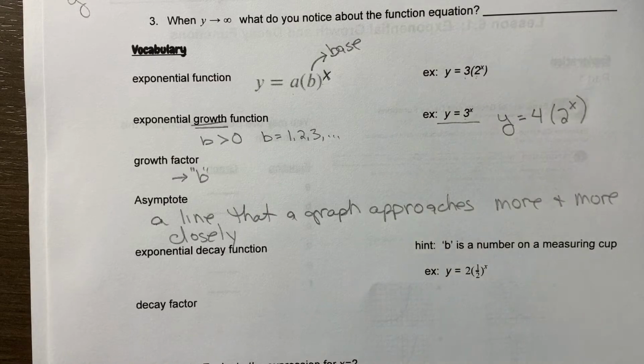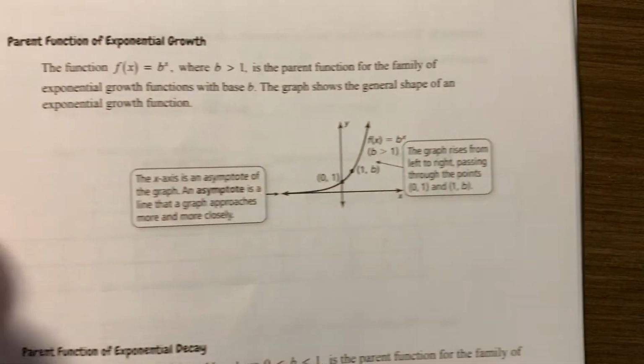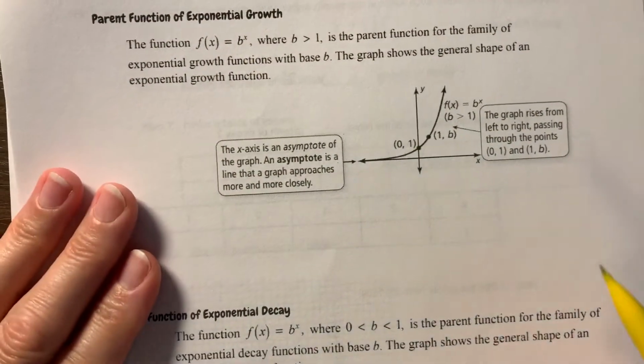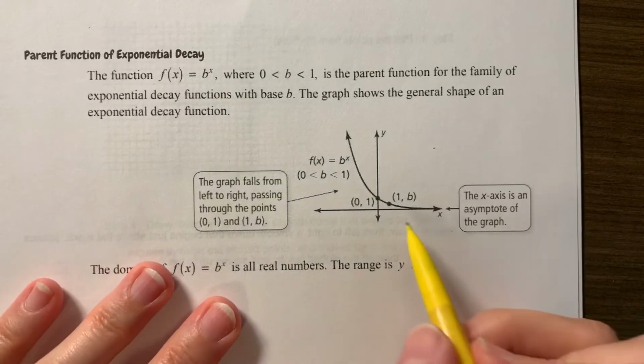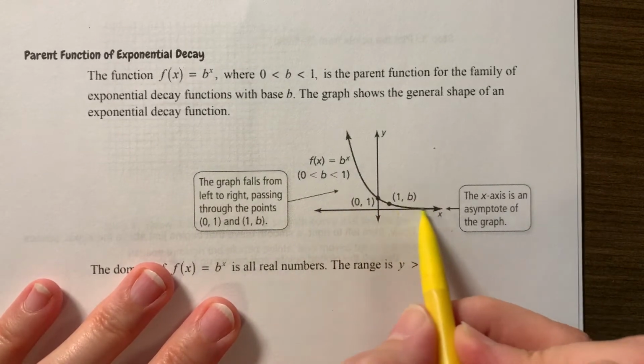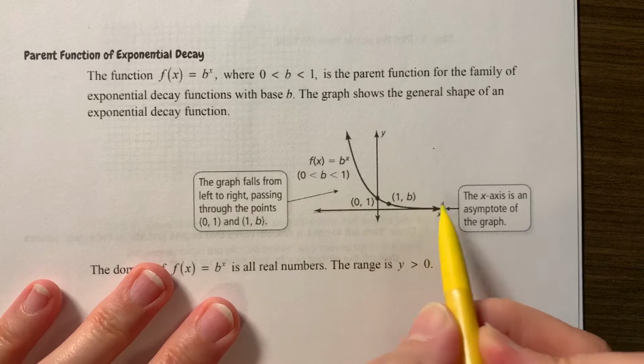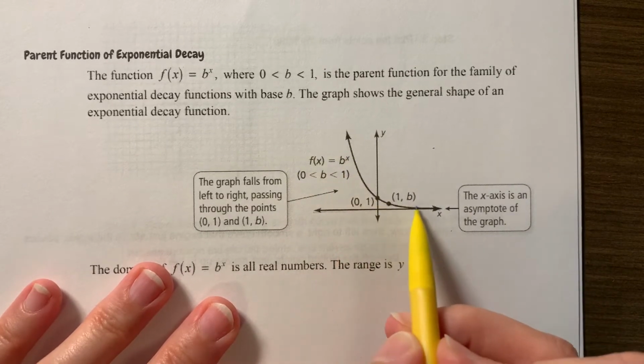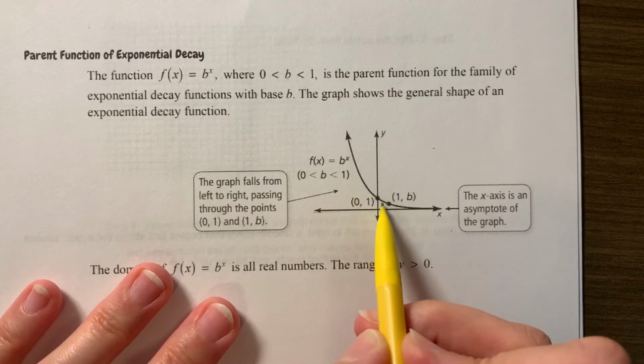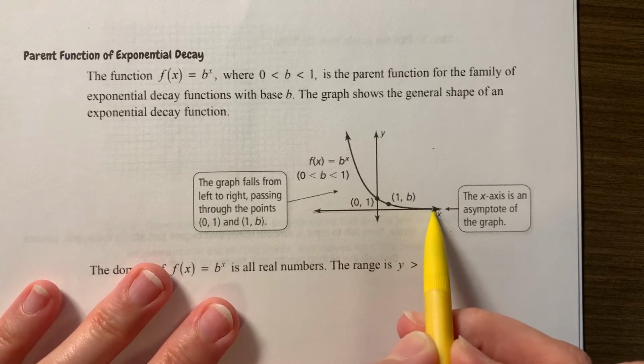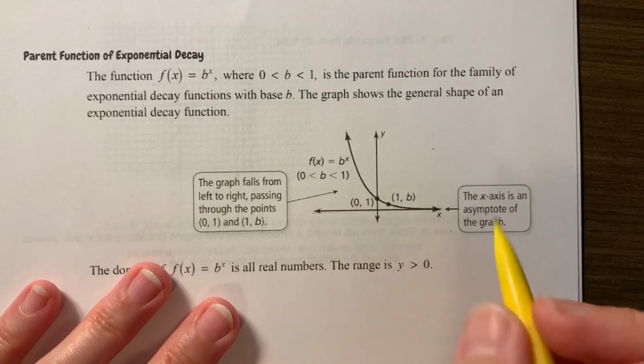So an asymptote is a line that your graph, I'm just going to show you on this, you can just watch this, that your graph gets closer and closer to. So if you think the x-axis here is a line, and this exponential decay function, see down here, it's getting closer and closer and closer to the x-axis.